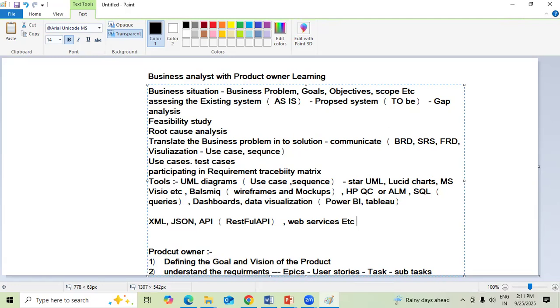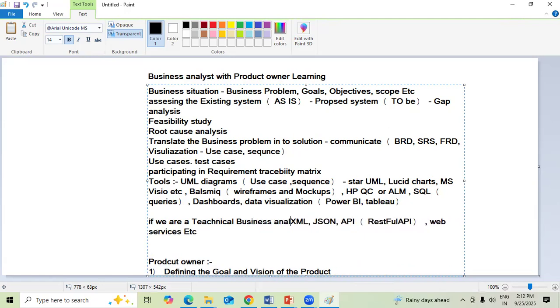So that's the reason. But as far as technical skills are concerned, if we transform ourselves into a technical BA, a technical business analyst, apart from SQL and Power BI, all that, right?